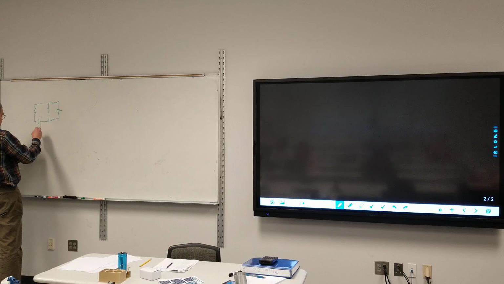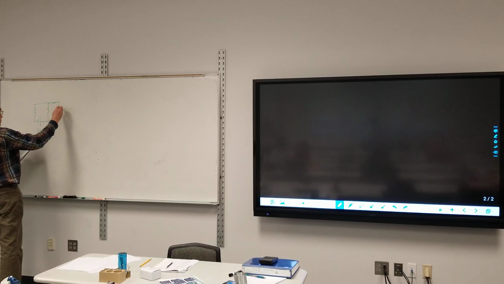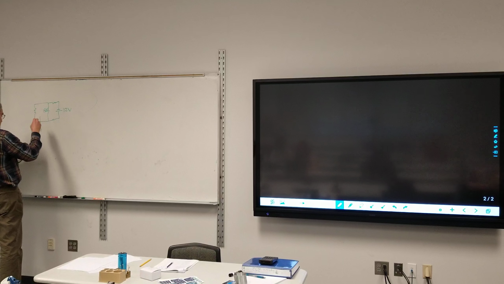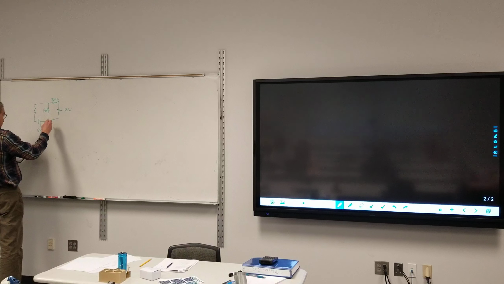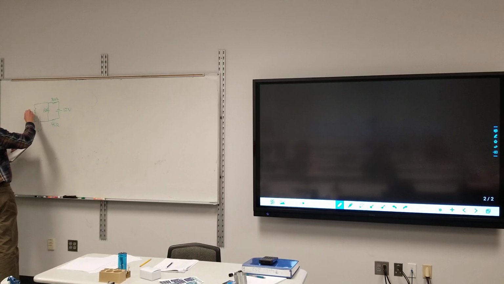All right. So this is 6 volts. This is 12 volts. R1 is 15 ohms, R2, 30 ohms, R3, 45 ohms, and R4, 60 ohms.